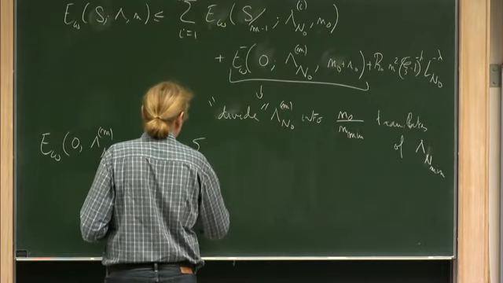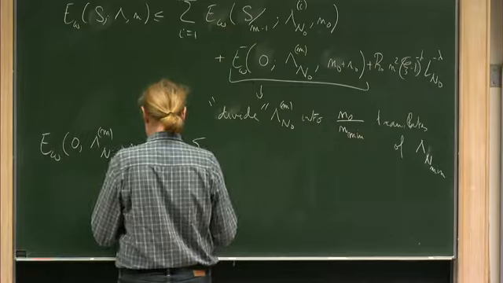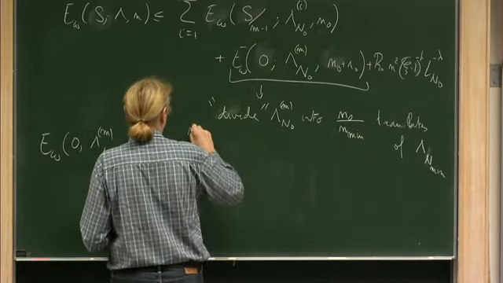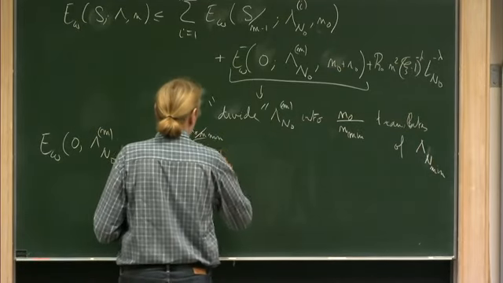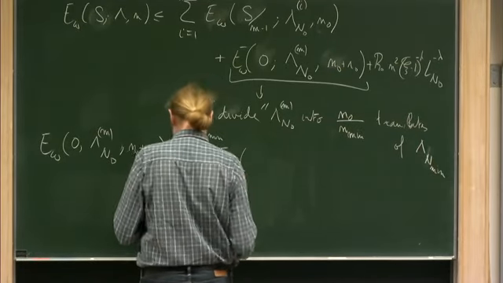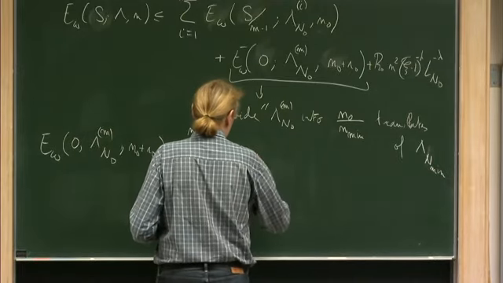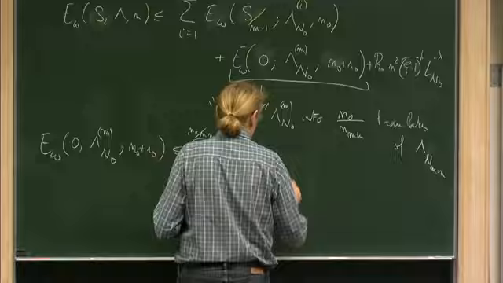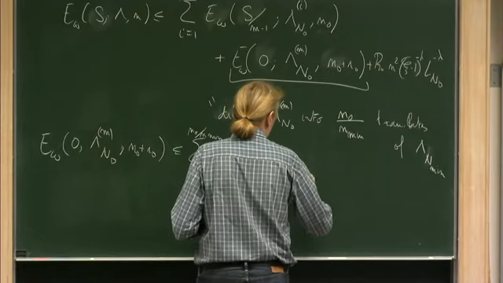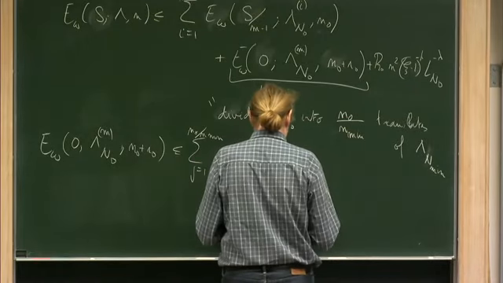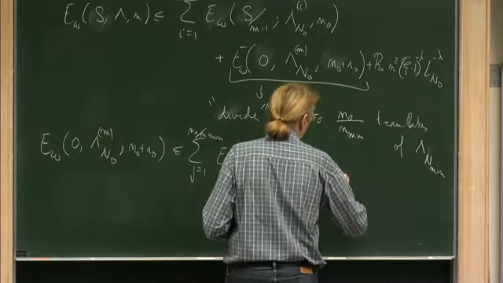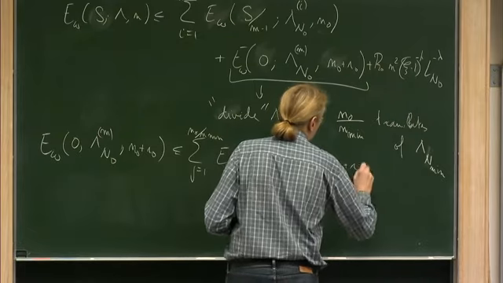So how many you have? Here we have 0, lambda n min j, right? And here we have j.